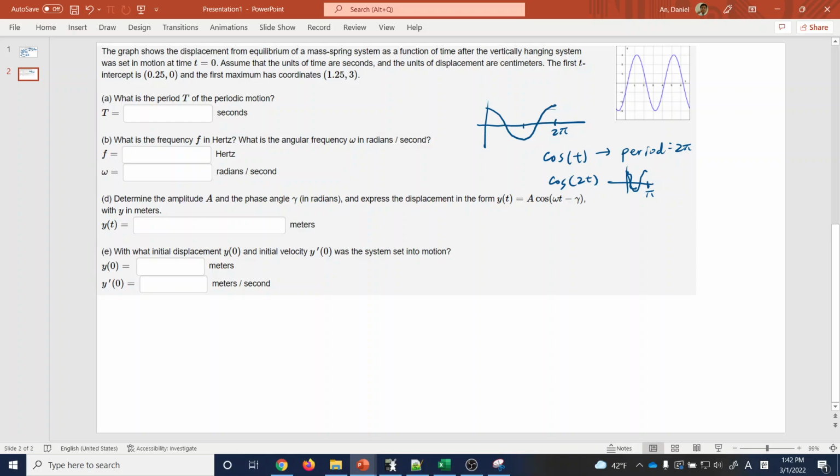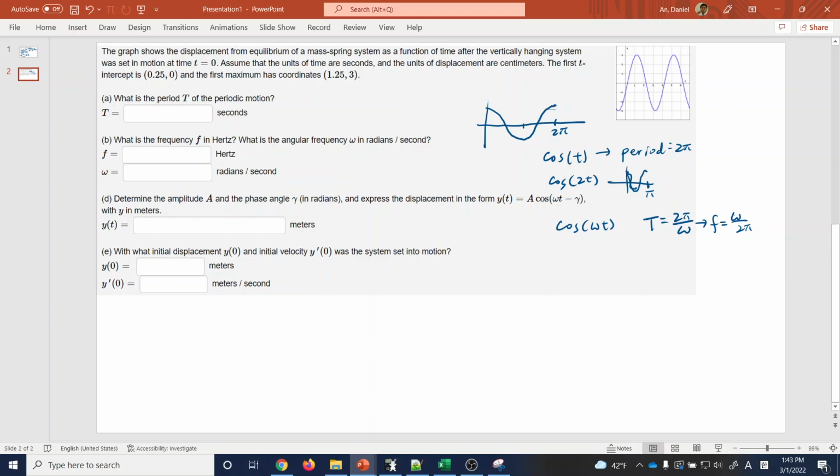In other words, anything you multiply in front of t makes the graph compressed, and therefore the period will be 2 pi divided by omega. And because the frequency is the reciprocal of the period, it's going to be omega over 2 pi.